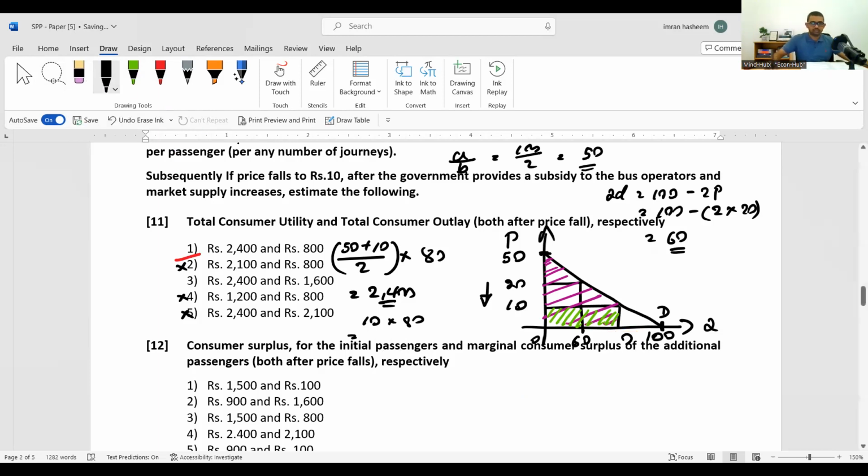How do we estimate? Both after price falls.